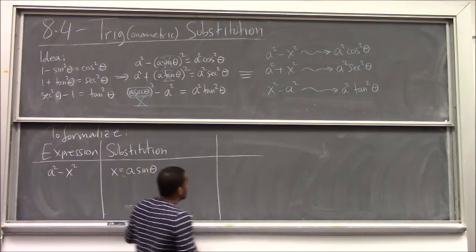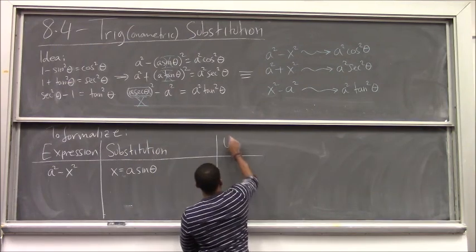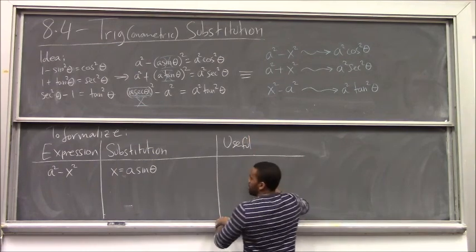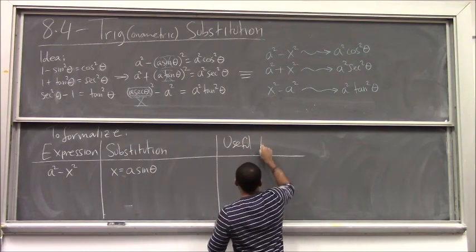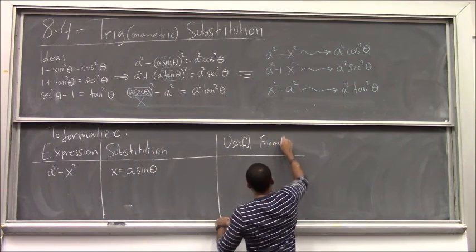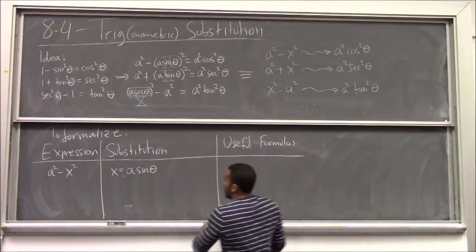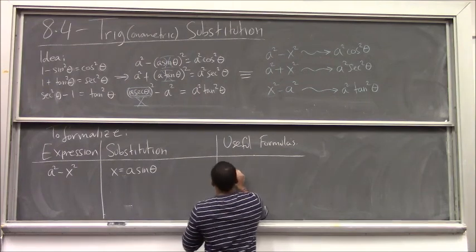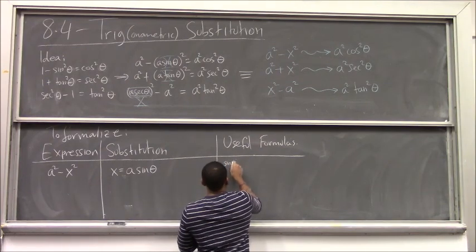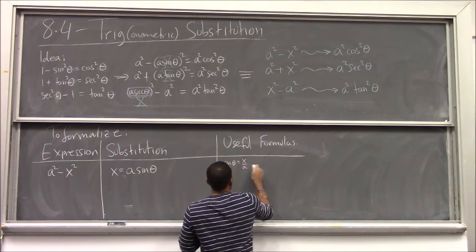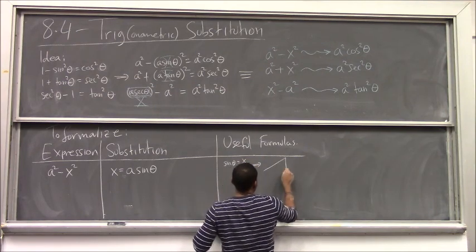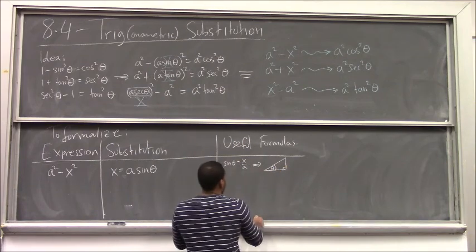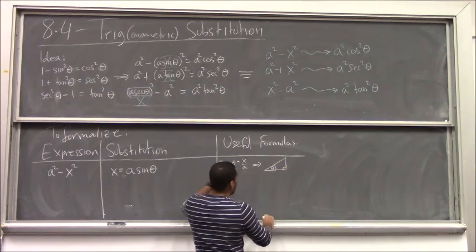And of course, some useful formulas. Once you pick x equals a sine theta, it turns out that sine theta would then be x over a, which would give you the fact that you could actually create a triangle. We're going to put this all together pretty soon.